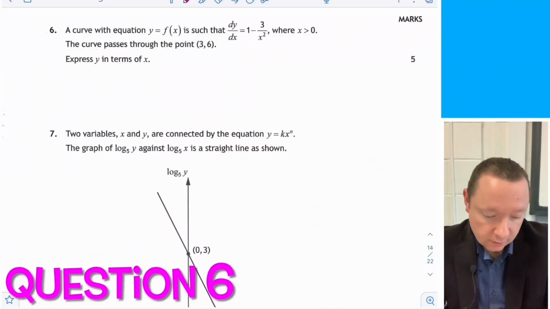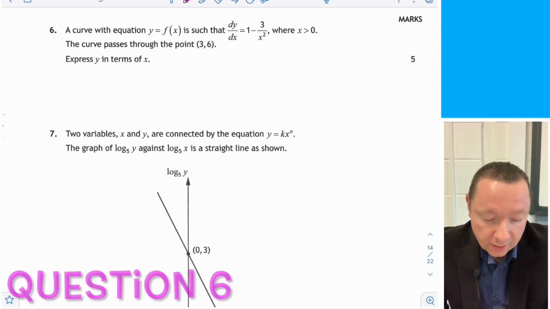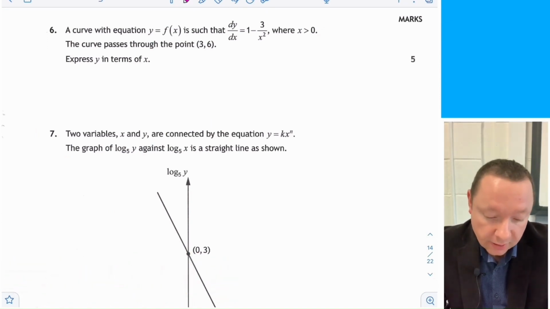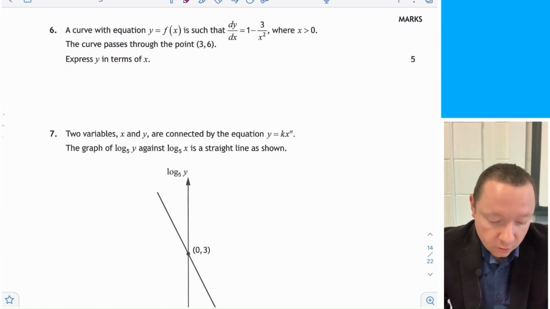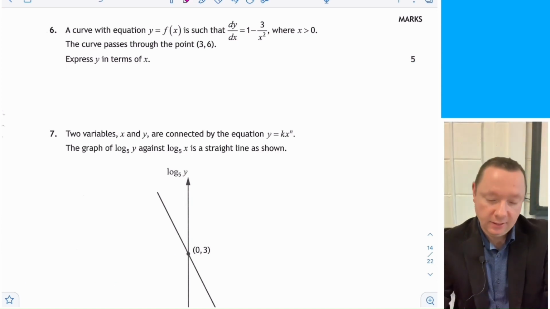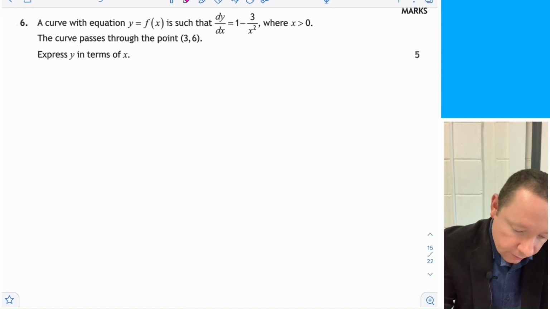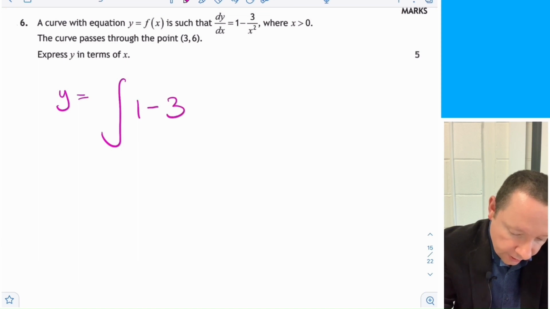Question 6. A curve of equation y equals f of x is such that dy by dx is 1 minus 3 over x squared, where x is greater than 0, of course. Curve passes through point (3, 6), express y in terms of x. So if we just integrate, then we'll get y equals the integral of 1 minus 3 over x squared, so x to the minus 2 dx.